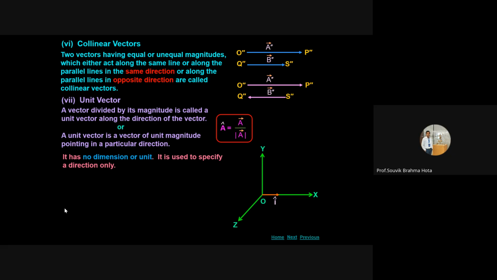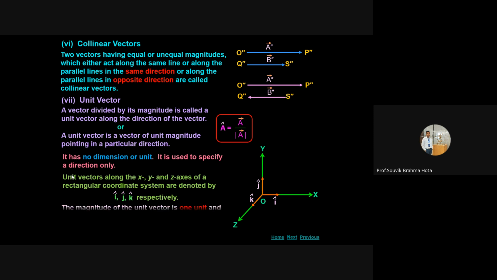Along the x axis I can give i, because it is the unit vector along the x axis. In y it will be j, in z it will be k. Unit vectors along the x, y and z axes of the rectangular coordinate system are denoted by i, j, k respectively.